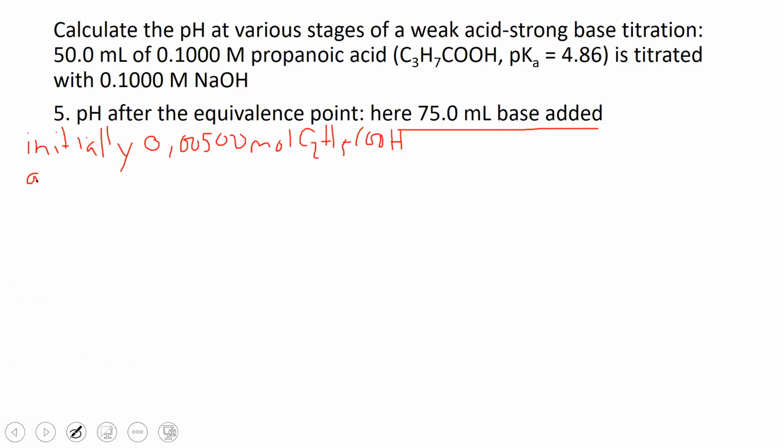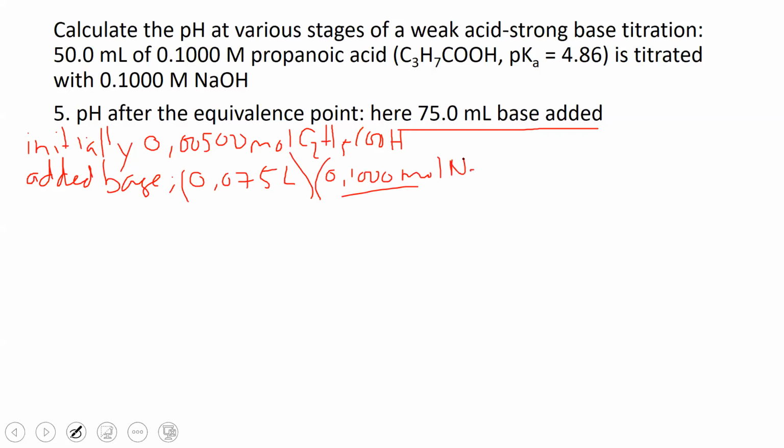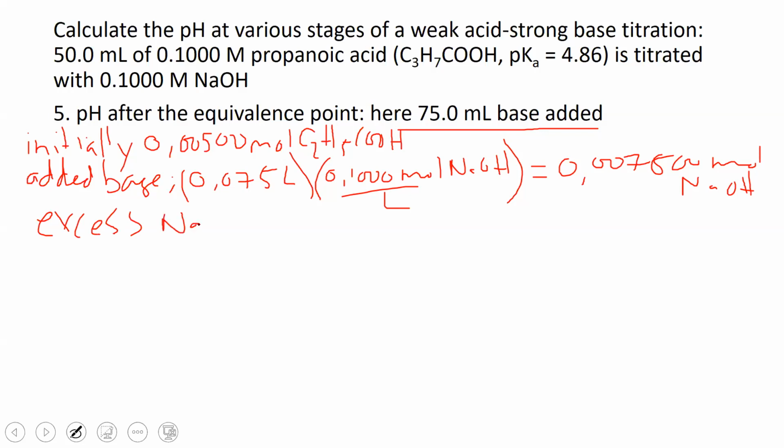And so the amount of base added will be the 0.075 liters, so 75 mils, times 0.1000 moles of sodium hydroxide per liter, which gives us 0.007500 moles of NaOH.